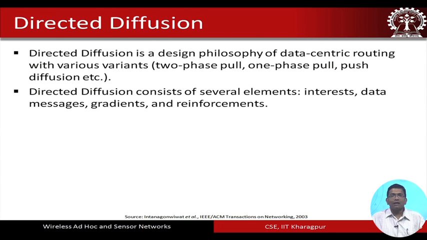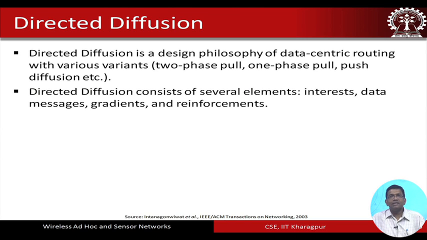Now, the other class of protocol is directed diffusion. Directed diffusion, like SPIN and the SPIN class of protocols, is also a data centric routing protocol. So, the design philosophy is that you use the data centricity in different ways to get different variants: two phase pull, one phase pull, push diffusion and so on.